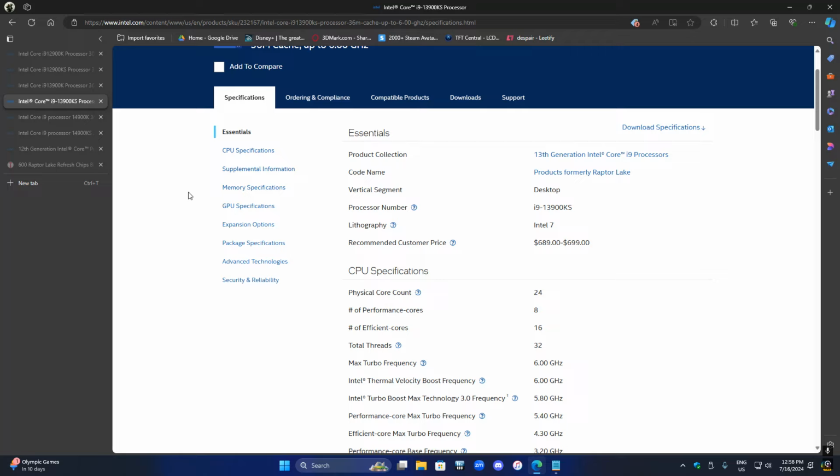From my past looks at that document, I am very confident that PL1 and PL2 on these 13th and 14th gen i9s were set to 253 according to those documents. I am very confident that's what I observed.